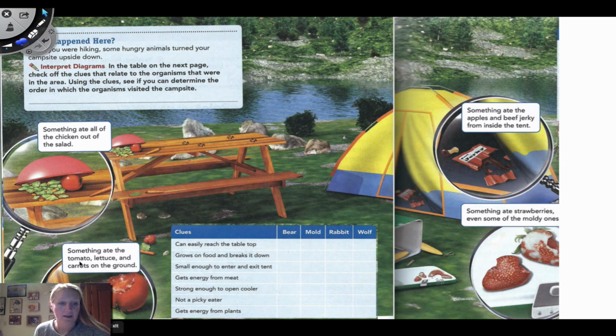What came along and nibbled through, and I use the word nibble, sorry, and ate some of the tomatoes and lettuce that had fallen on the ground? I would say perhaps a rabbit or a bear. But a bear, probably, they have a pretty big jaw. I would say that they would probably have eaten the whole thing if they had gotten access to this.